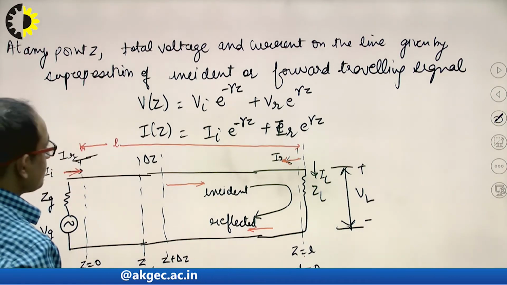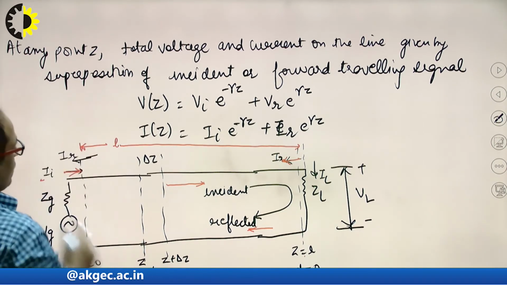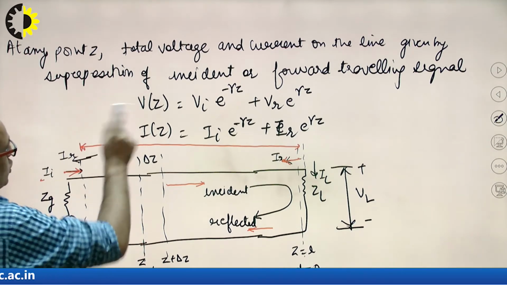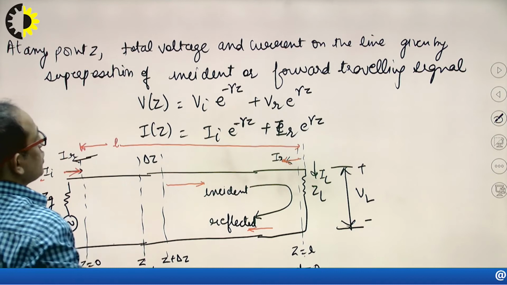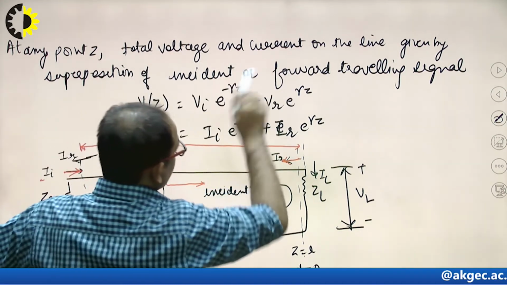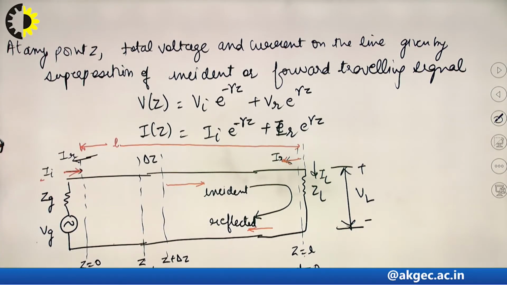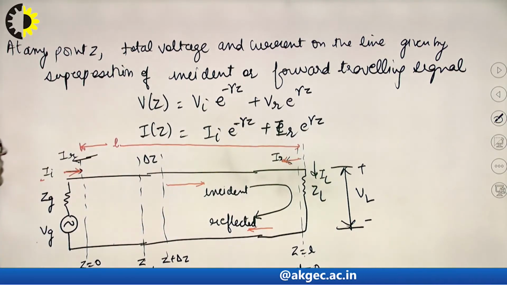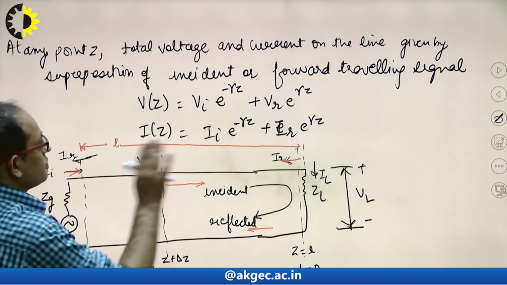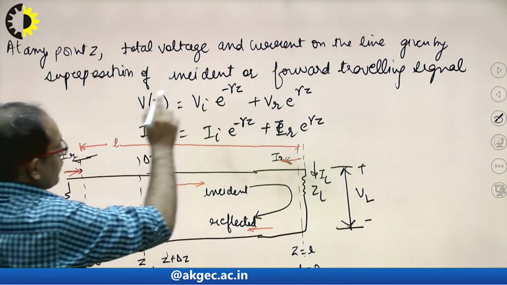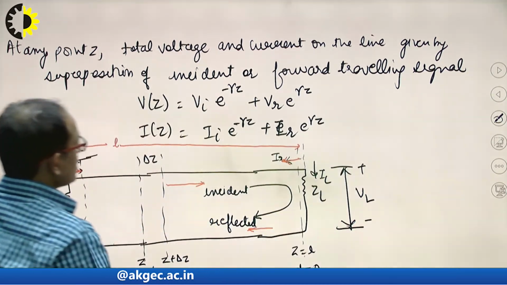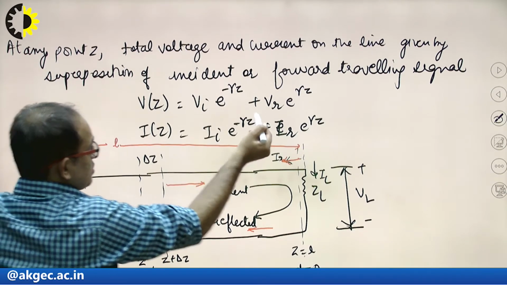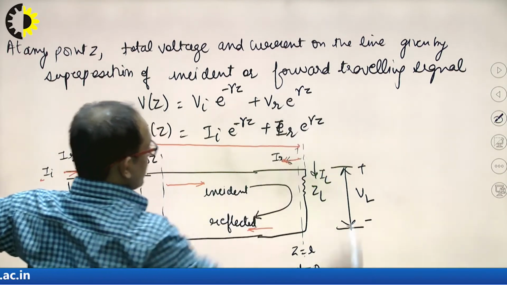Now see, at any point of Z, the voltage will be a function of Z and the current will also be a function of Z. The total voltage and current on the line are given by the superposition of the incident or forward traveling wave and the reflected wave. Clear? That means V(z) will be equal to Vi e^(-γz) plus Vr e^(γz).